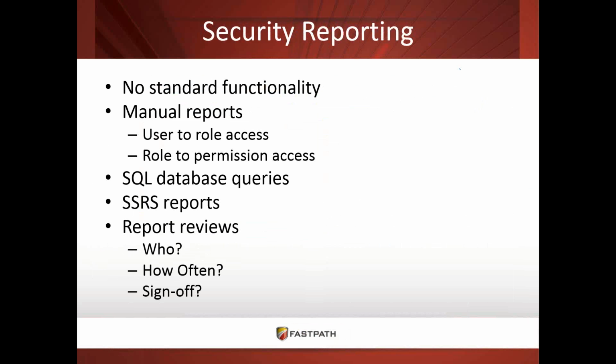It's hard to report on that because it's all in the development environment. It's not easily accessible by running a SQL query. So that's difficult. From Fastpath, we count indirect access as a yes permission when you do security reporting. Those are just some examples of reports an auditor would look for.